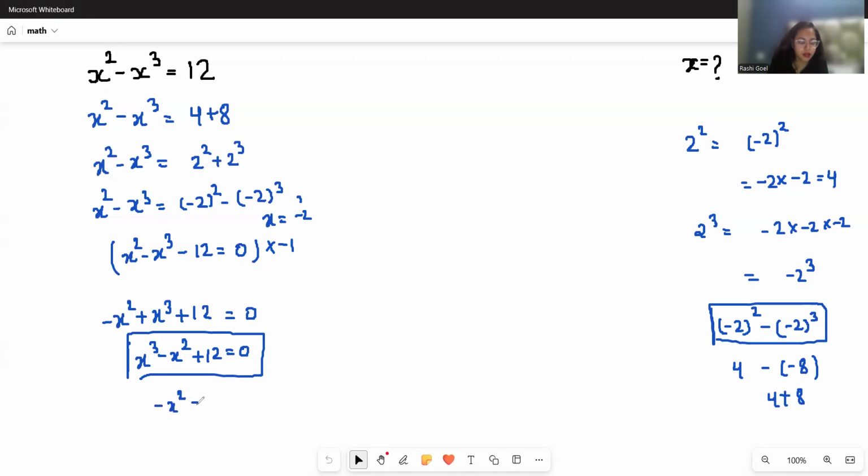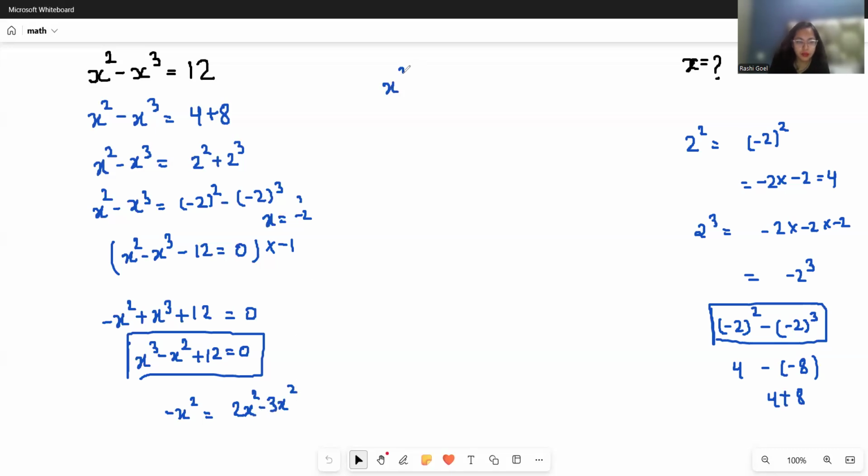Minus x square, we can write it as 2x square minus 3x square.